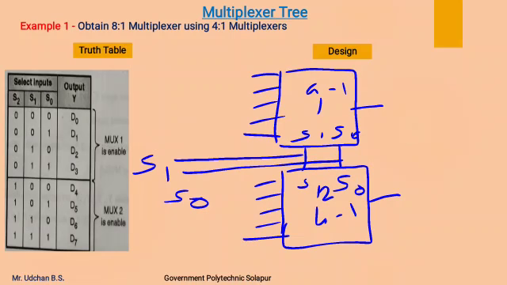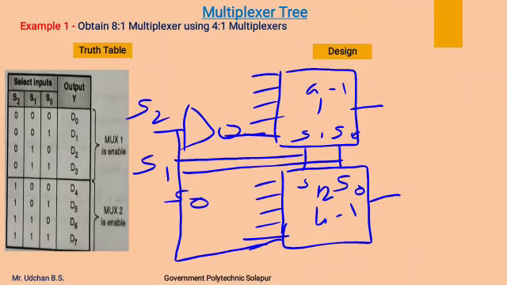Now I will connect both the enable inputs of the multiplexers together through a NOT gate, and I will make that the third select line, that is S2. So this is how we get three select lines, S2, S1 and S0. S1 and S0 are from the 4:1 multiplexers, and the enable line, connected together through a NOT gate, we are going to use as the third select line S2.